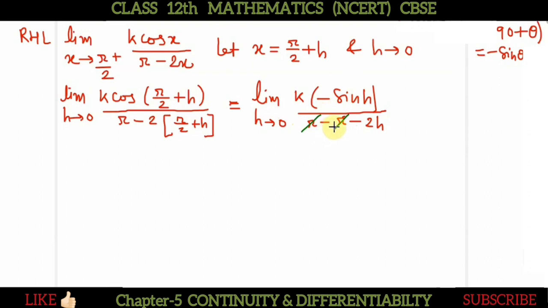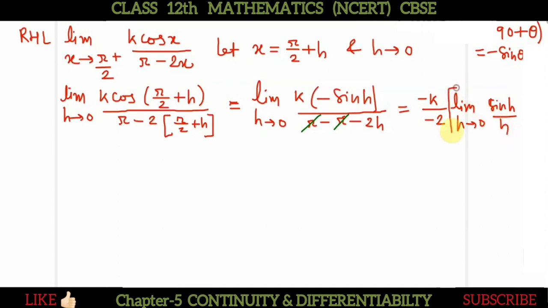They can be cancelled, and we have minus k upon minus 2 which we can take outside, and we have limit h tending 0 of sin h upon h.